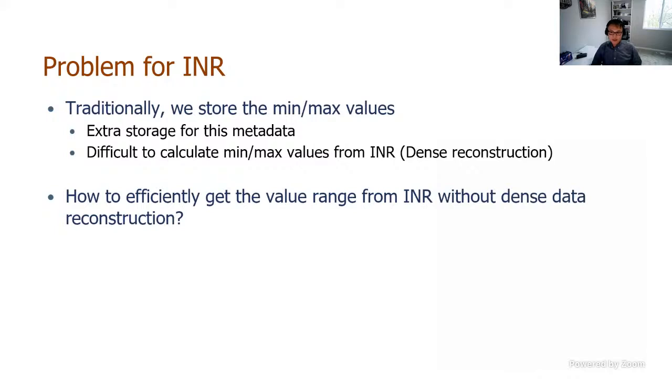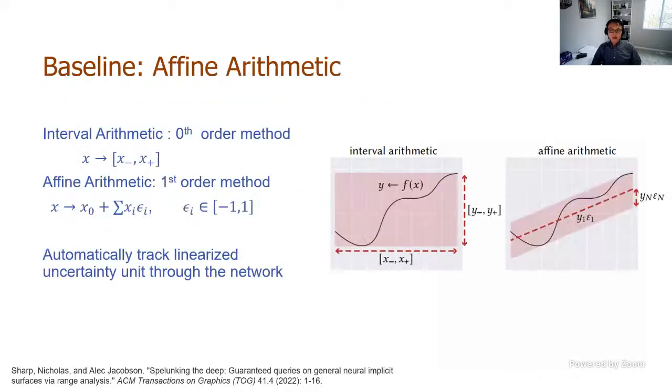Our method answers the question of how to get the value range from the INR model efficiently without dense reconstructions. Our paper is inspired by a 2022 SIGGRAPH paper where they use affine arithmetic to efficiently approximate the INR output range, given an input range. We know interval arithmetic is a classic technique used to measure errors in calculation by computing function bounds.